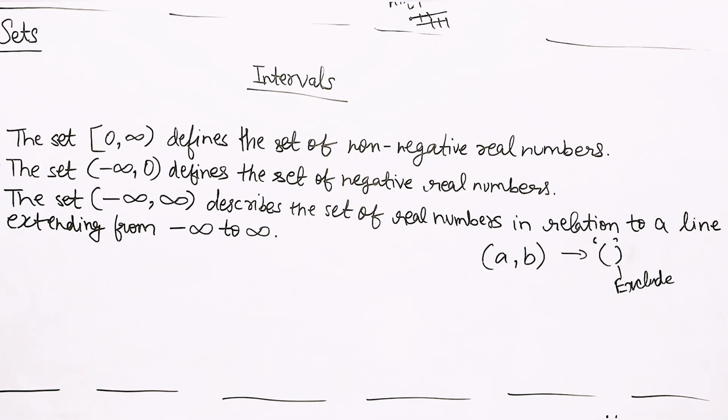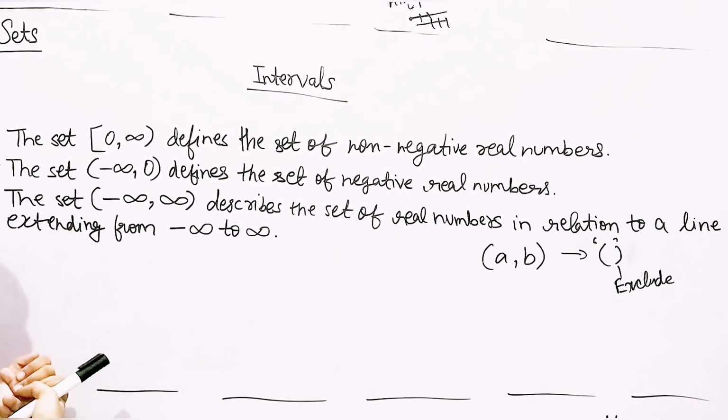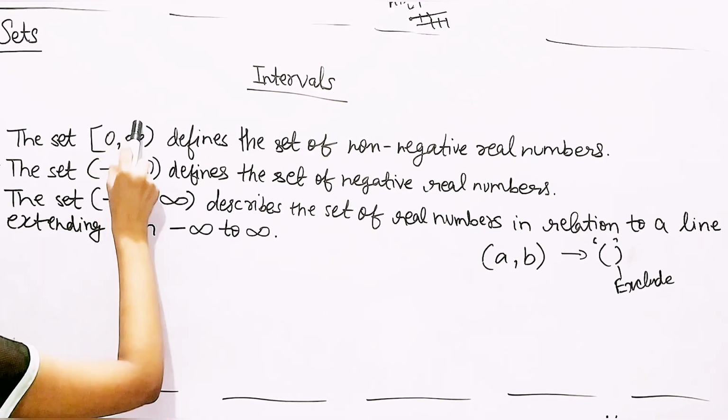These are some points, like we have the set of 0 and infinity. This is the symbol of infinity, which we usually use to describe that something is infinite. Here we have a half closed interval with two elements, 0 and infinity.